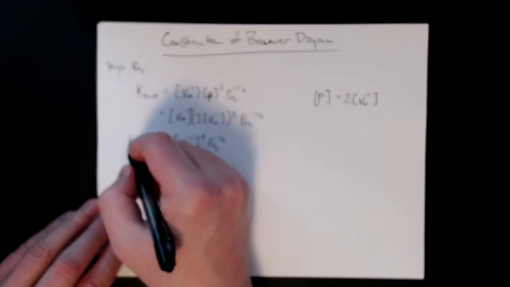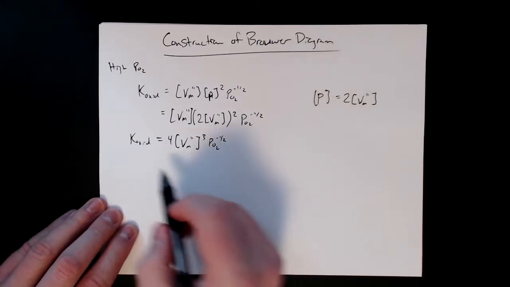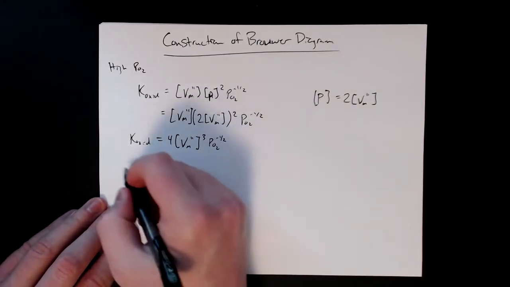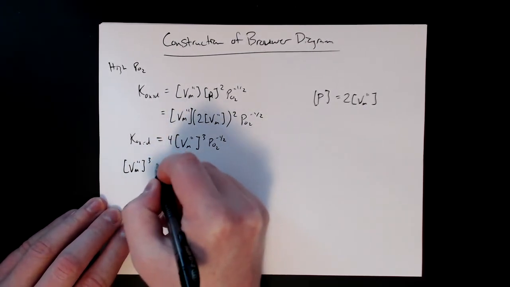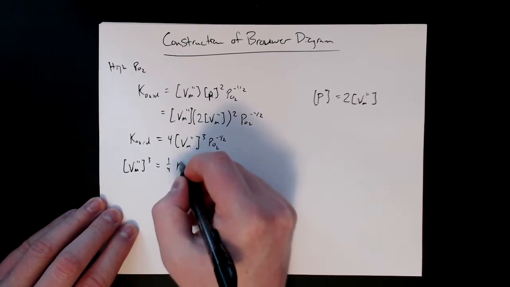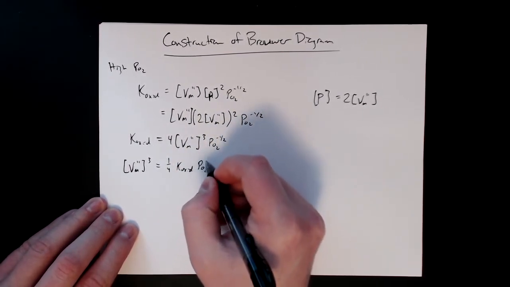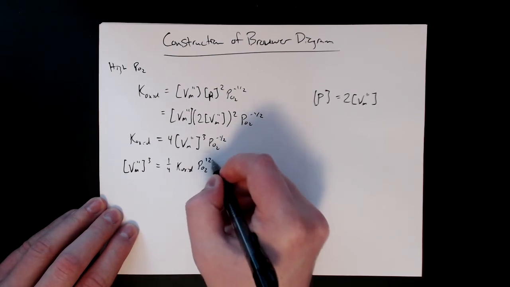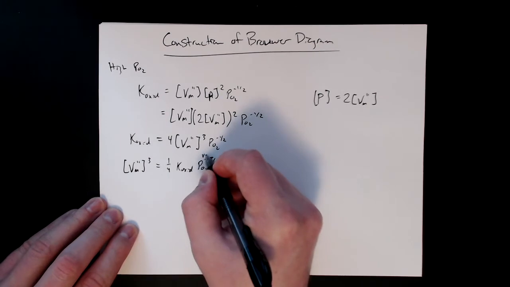And so rearranging this expression to solve for this, we'll get that Vm cubed is equal to 1/4 K ox PO2 to the 1/2. Sorry about that. This should be 1/2.